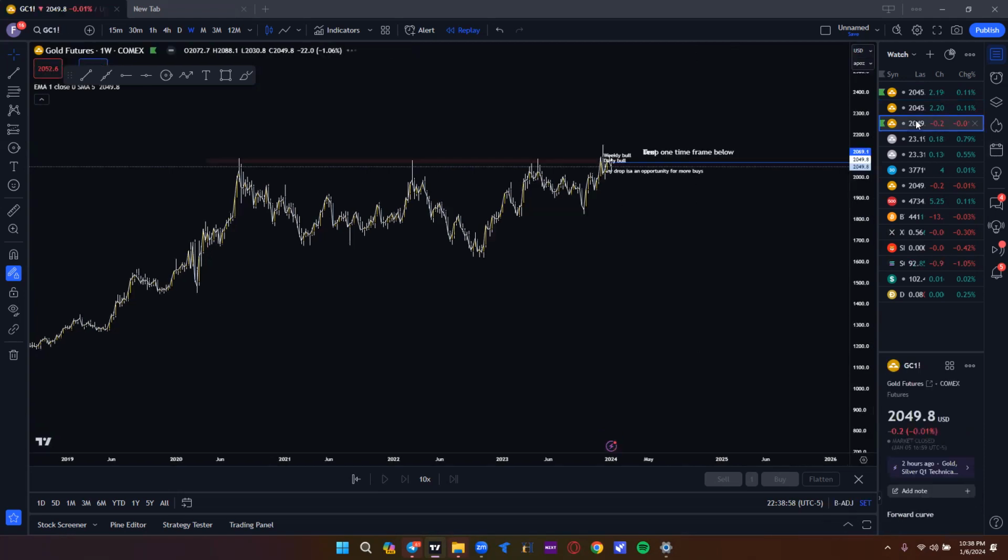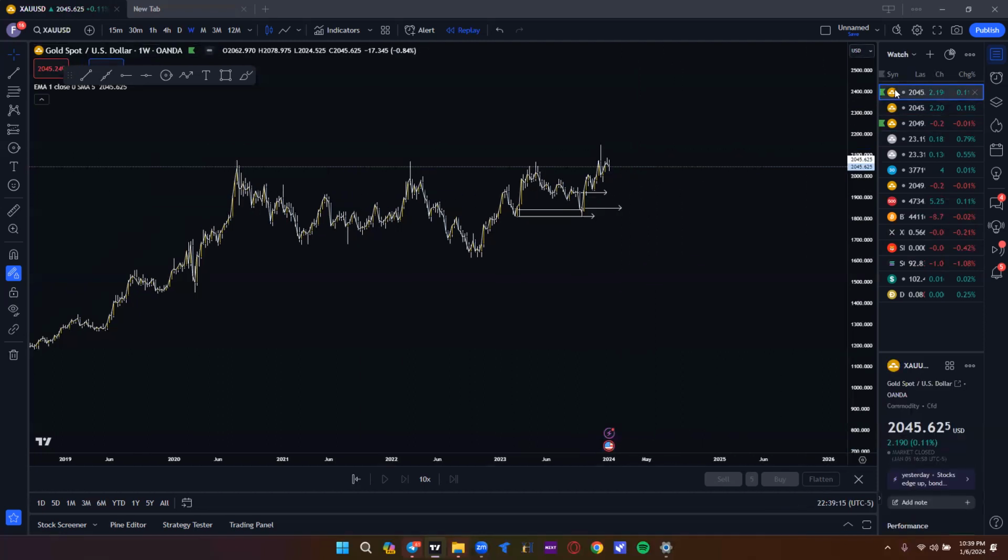For me, I have Comex. I have the CME market because I trade futures, the Chicago Mercantile Exchange. And I don't do my analysis on CME at all. I still use Oanda since the beginning, and it just happened.